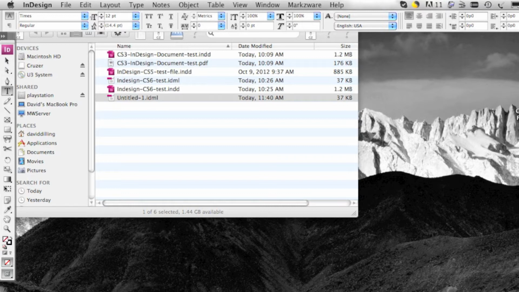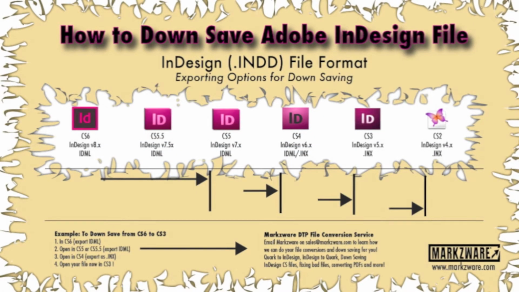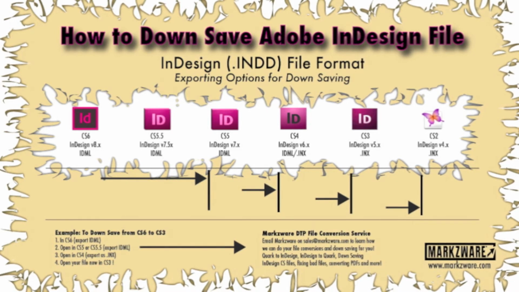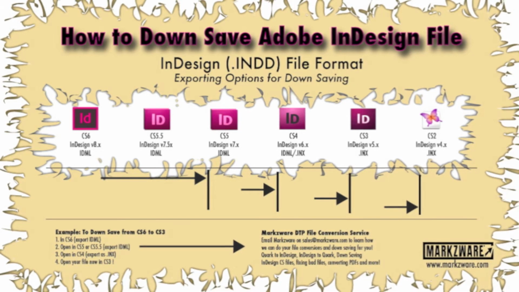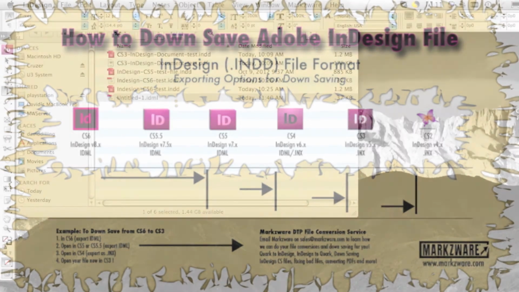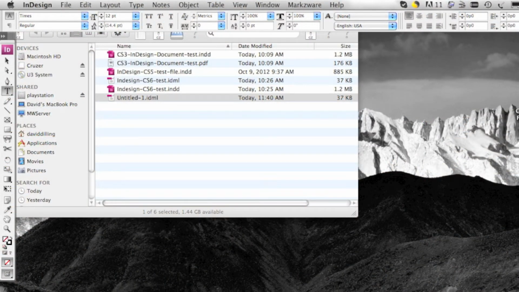The lower you go, the more specific the downsaving is. And the .idml switches in CS4 to .inx, an interchange format, slightly different. So that is, in a nutshell, how you can get CS6 into CS3: you need two or more versions of InDesign.